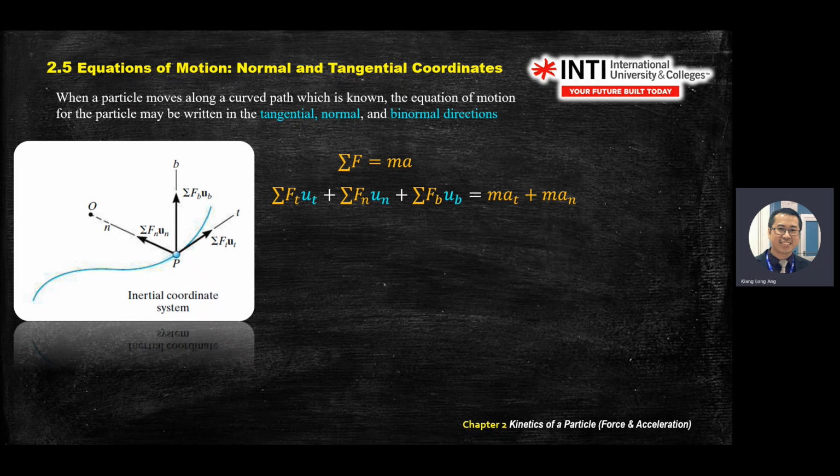in the normal direction. Okay, so when you deal with a chapter 2 question, you always start with the sum of all forces equal to ma. Then you go into the diagram, look at the principal axes you have, and break the force into the principal axes. If it's in a straight line, then you have x, y, and z, or the Cartesian plane.